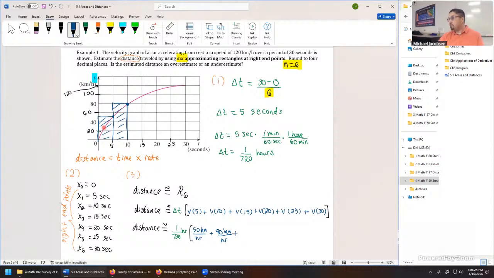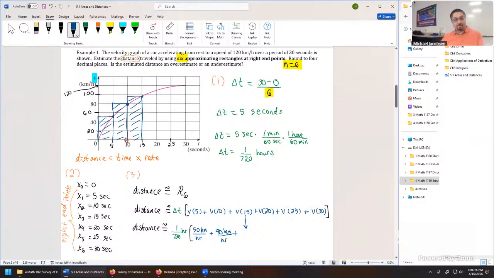Then rinse and repeat. Velocity 15 seconds in. We're saying that the velocity is approximately that value, just shy of 100, maybe about 95 or 97, depending on how you approximate this one.